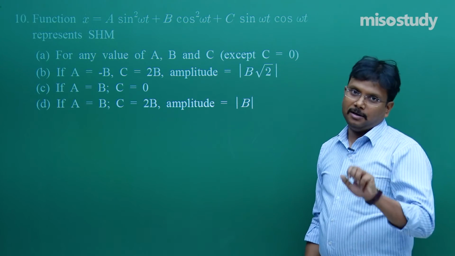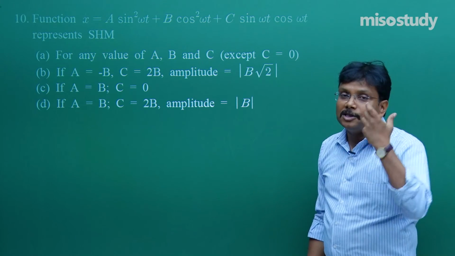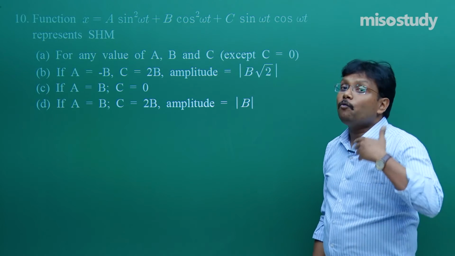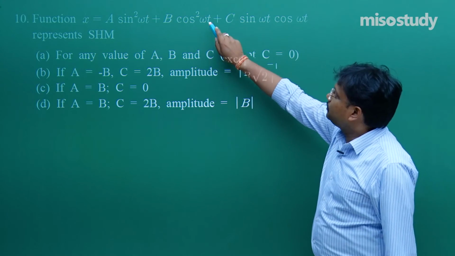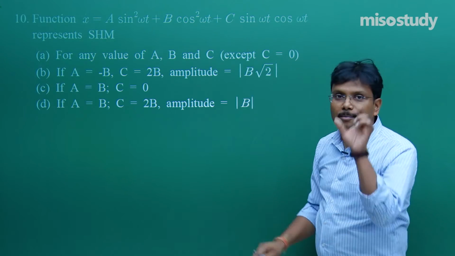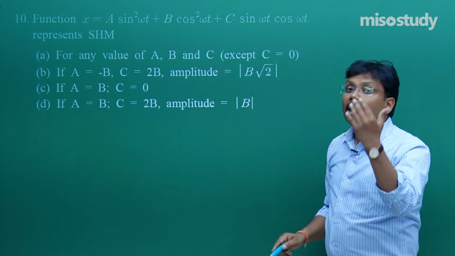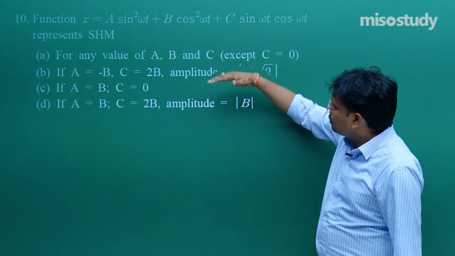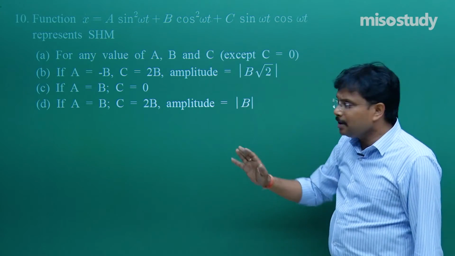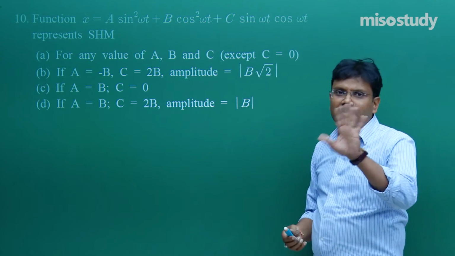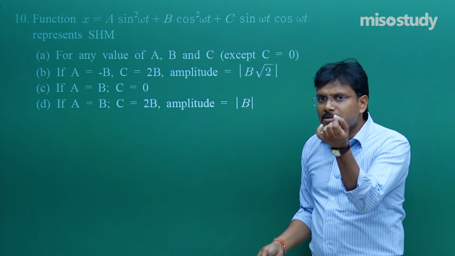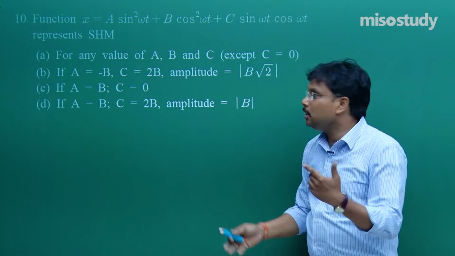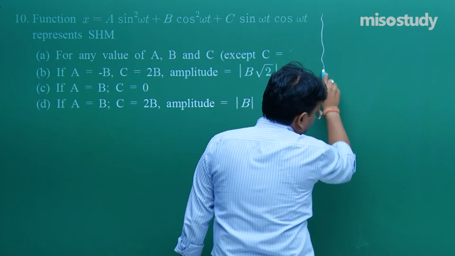You have to find under what circumstances this will represent a simple harmonic motion, and those circumstances are these four. I will not explain all four, I will just explain any one of them.